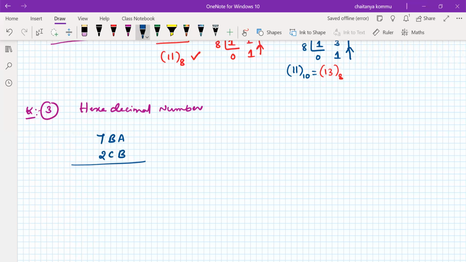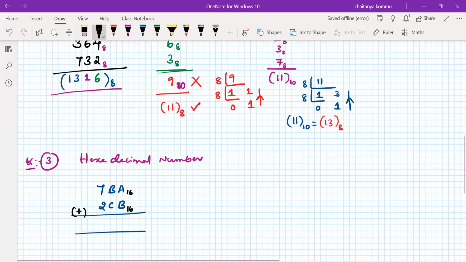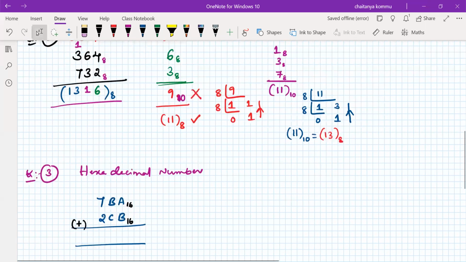Something like this I have written. So what is the value of this one now? Can anybody guess what this value is? I want to perform the addition. This is radix 16, this is radix 16. Okay. Guess what the value is.